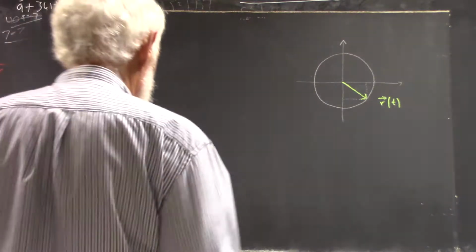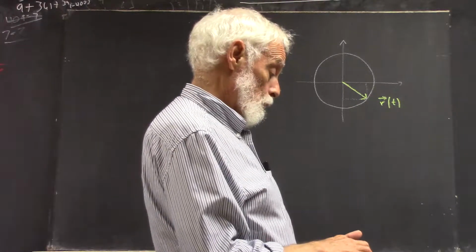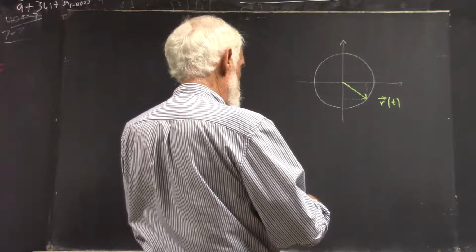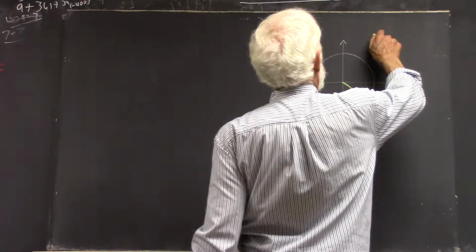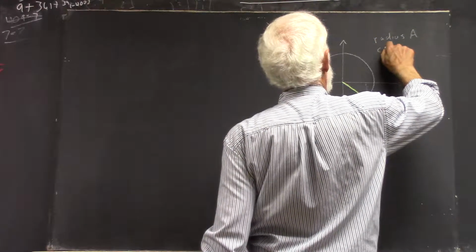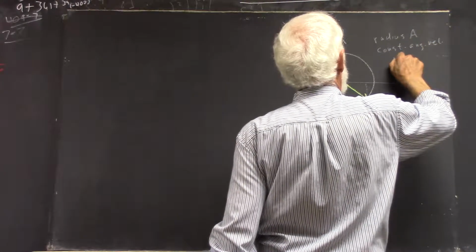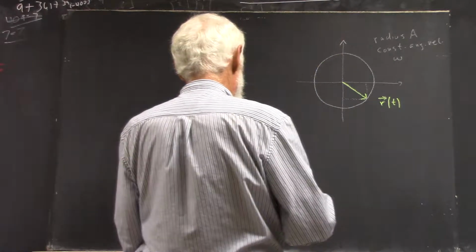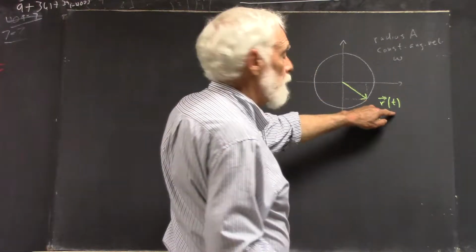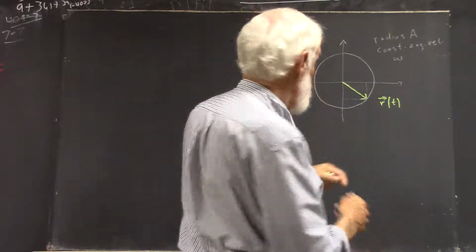Now this model is closely connected with simple harmonic motion. Very simple way. Okay, r of t is a vector. If we have radius A, constant angular velocity omega, then wherever r is at a given time, this vector has an x component, the i component.